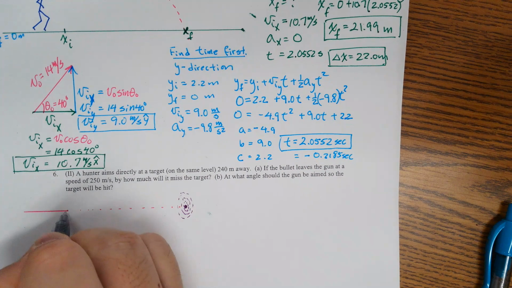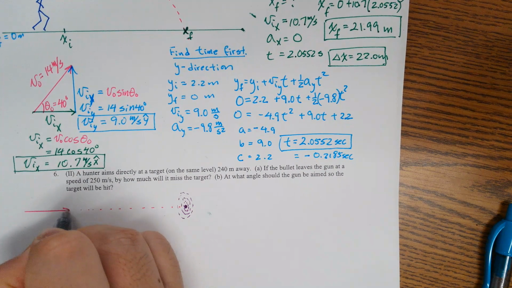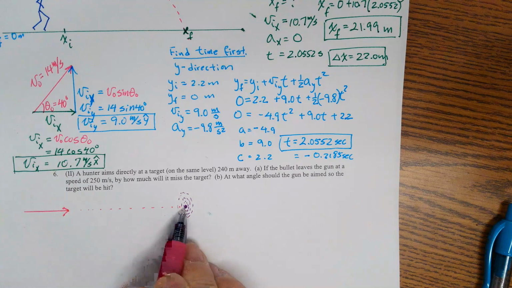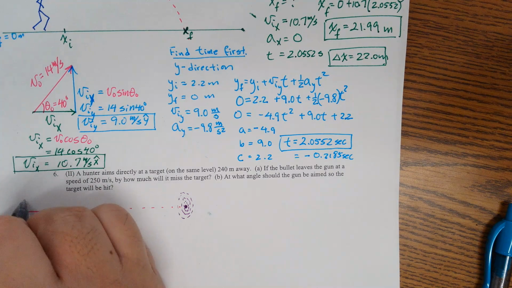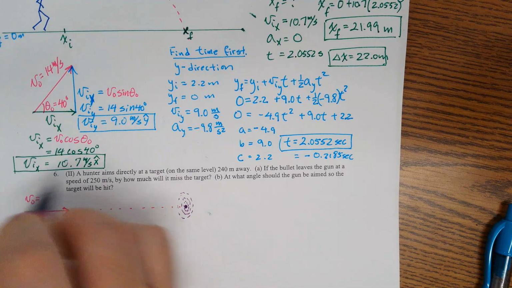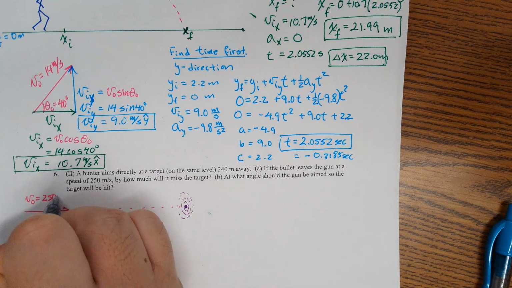And if there were no gravity, it'll hit it right on the bullseye, aim directly at it, right? Well, initial velocity, the V naught, happens to be 250 meters per second.